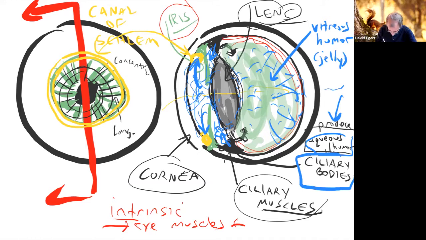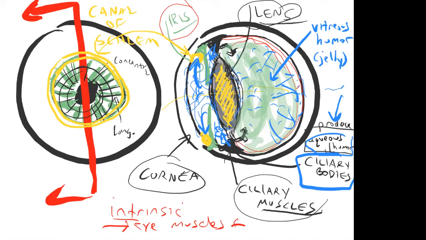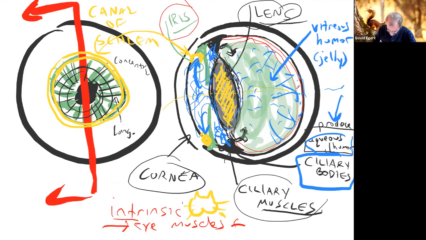What other things? You can have clouding of the lenses and everything just looks kind of milky. What do we call that? Cataracts. So cataracts are when you have the clouding of the lenses.